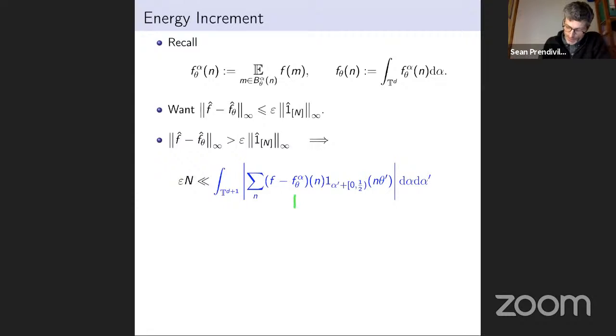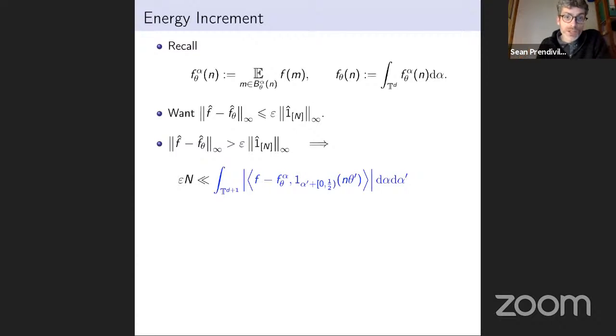And this projection is determined in terms of the d-dimensional shifts alpha, and this random translate is determined by the one-dimensional translate alpha prime. I just want to rewrite that in terms of an inner product. So if you normalize inner products appropriately, you can rewrite that summation as an inner product between our difference f minus f theta alpha and this random Bohr translate.